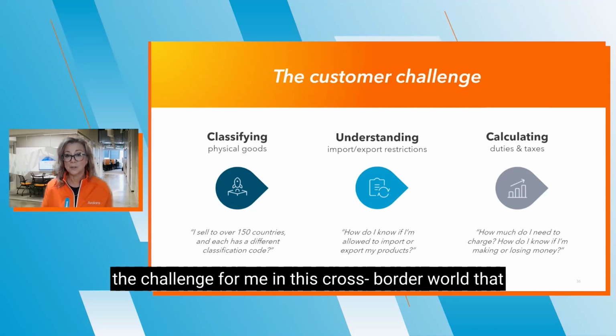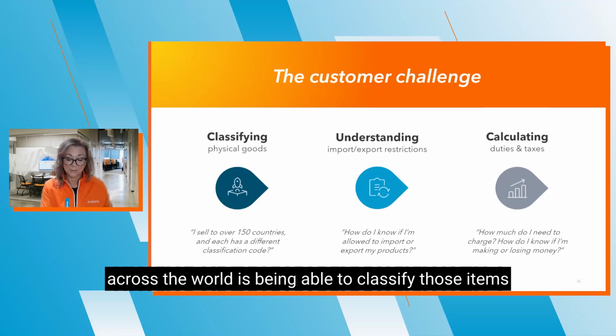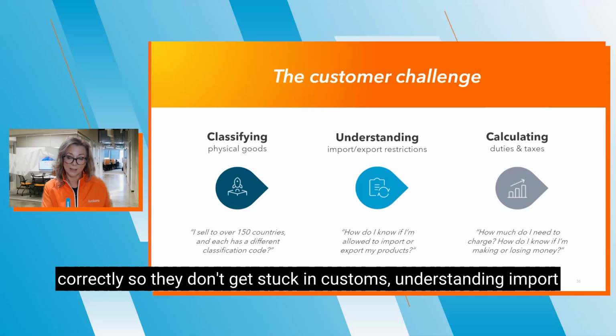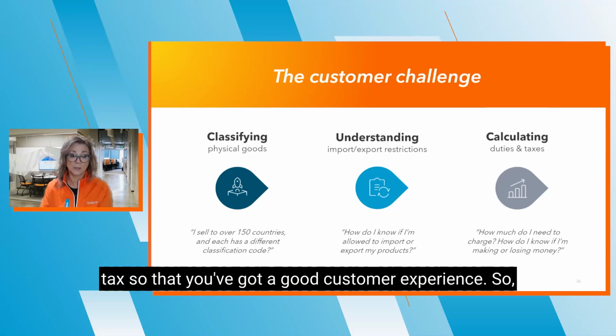So the challenge for me in this cross-border world that we live in now, with more and more companies selling across the world, is being able to classify those items correctly so they don't get stuck in customs, understanding import and export restrictions, and then being able to calculate that tax so that you've got a good customer experience.